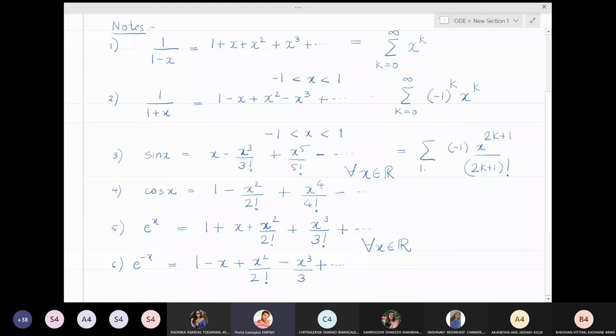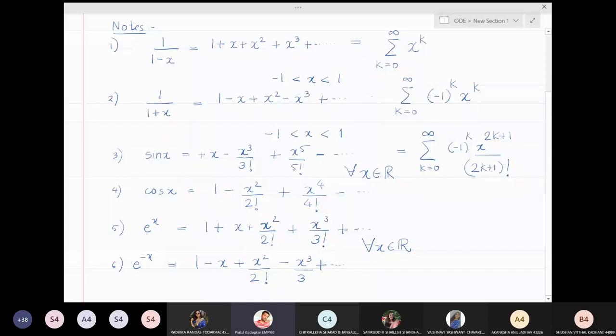The minus 1 sign is not there, I have a plus sign in this, so it will be minus 1 raised to k plus 1 for k going from 0. So if you now put k equal to 0 in this expression, I'm sorry, this is not k plus 1, k will do the correct job. Minus 1 raised to 0 is 1. So minus 1 raised to k, x raised to 2k plus 1 upon 2k plus 1 factorial.